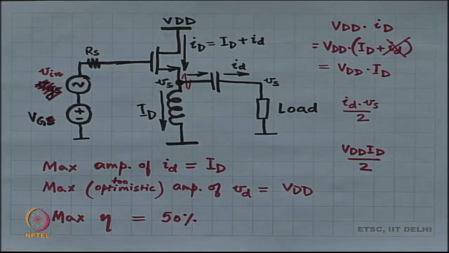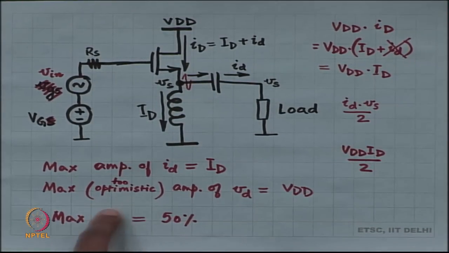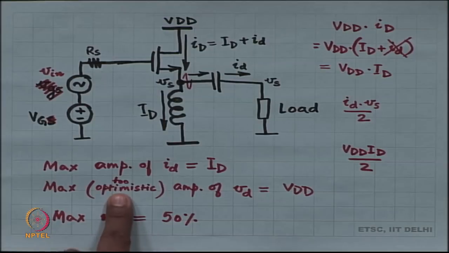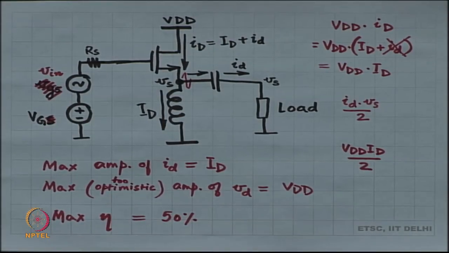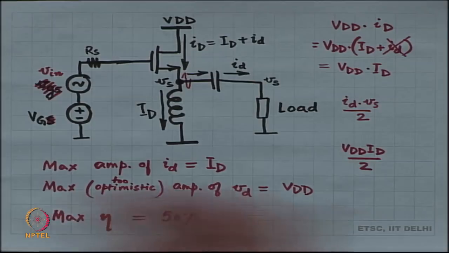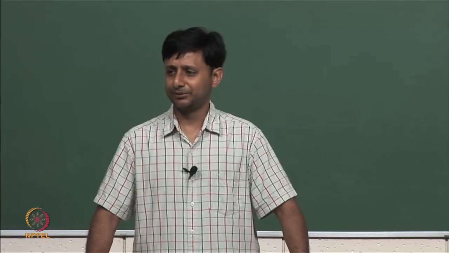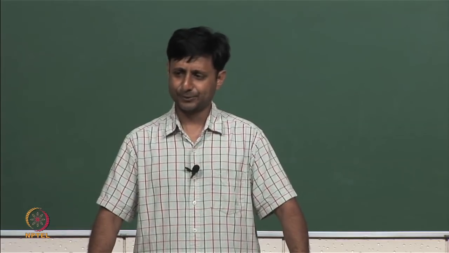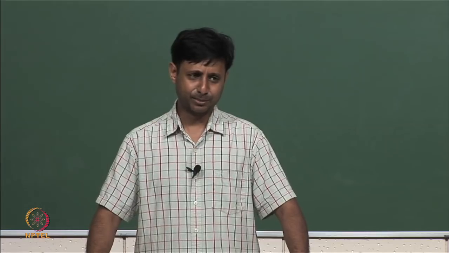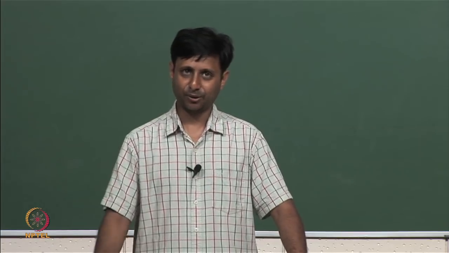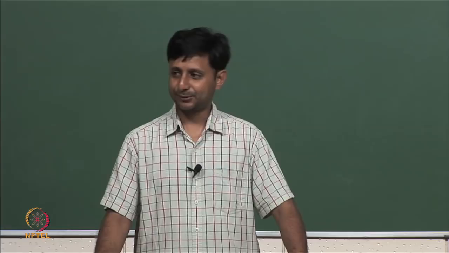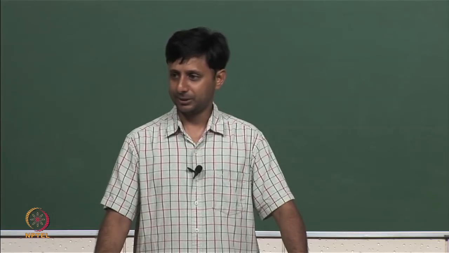In fact, it is lesser than that, because this voltage amplitude is too optimistic, right. We know it is not even VDD, it is actually smaller than VDD. All right. So, whatever we are doing, our efficiency seems to be 50%, right, half of the power seems to be burnt in the MOSFET itself. So, this kind of strategy is not quite working out.